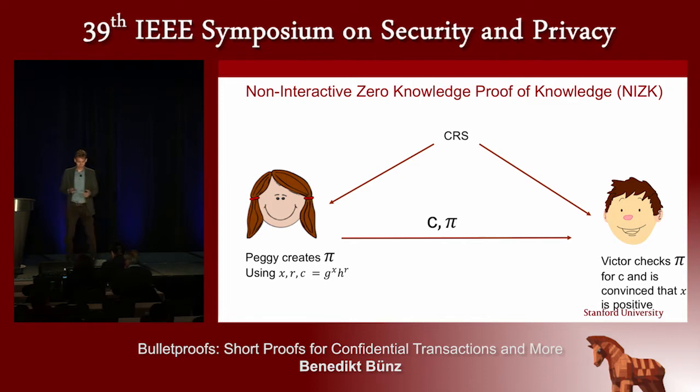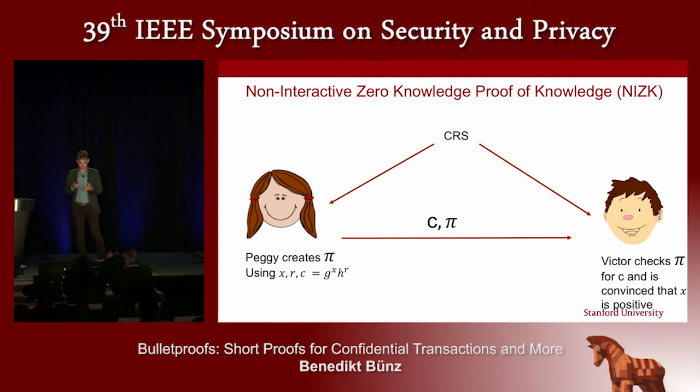And Victor, or anybody, can check the proof for this commitment and be convinced that the value x that was committed to is positive. But it's zero knowledge in that Victor doesn't learn any other information than the fact that the value x is positive. Most importantly, Victor doesn't learn what the precise amount is.